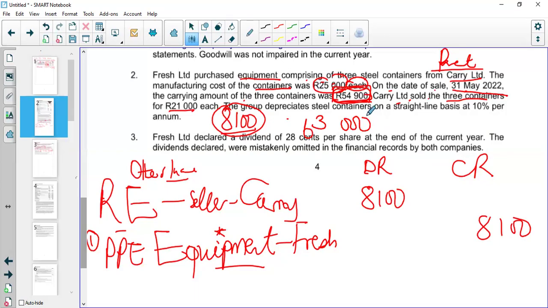So that 63,000 includes profit of 8,100. So we would have removed that. So when we prepare the statement of financial position, when we deal with property, we would say PPE, all the amounts given. We start by subtracting the profit here that was made. Then we add back the depreciation realized to date.